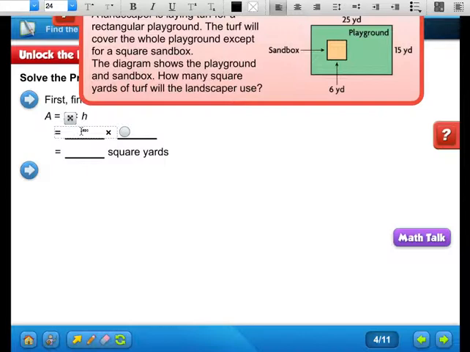Well, we know that it is 25 yards by 15 yards.